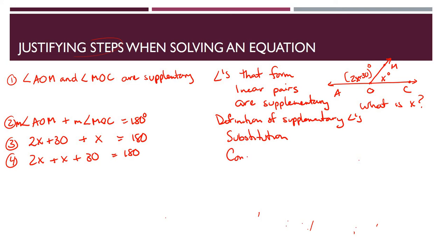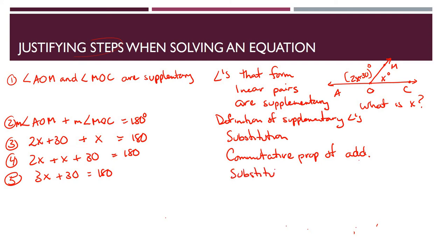That's the commutative property. We didn't have that on our list, but we should all know it. Commutative property of addition. And then I can actually do that addition. 3x plus 30 equals 180. And that's basically substitution. We substituted 3x in place of 2x plus x.